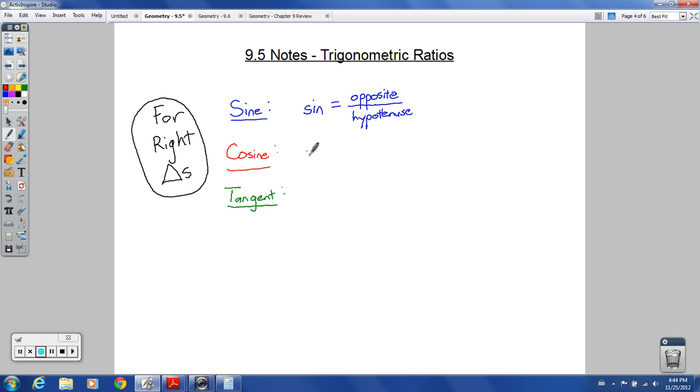Cosine has the shorthand cos, and that is adjacent over hypotenuse. That's the ratio that we use for cosine. And the ratio that we use for tangent is opposite over adjacent.